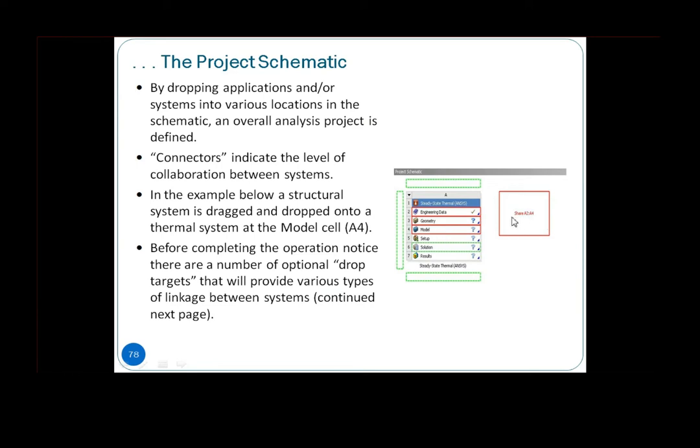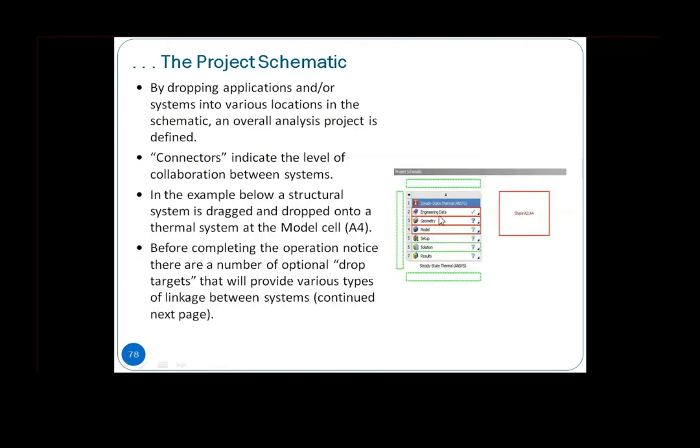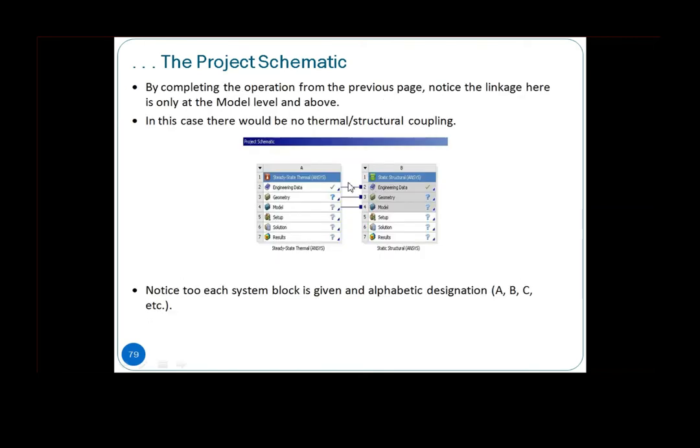So you see here will be a share. That is a share. It says that you are sharing A2 to A4, so meaning you are only sharing up to the geometry, or what we call the models. Right. So if you drop it, once you have selected this red square, then you release your left mouse click, then probably you will have something like this.